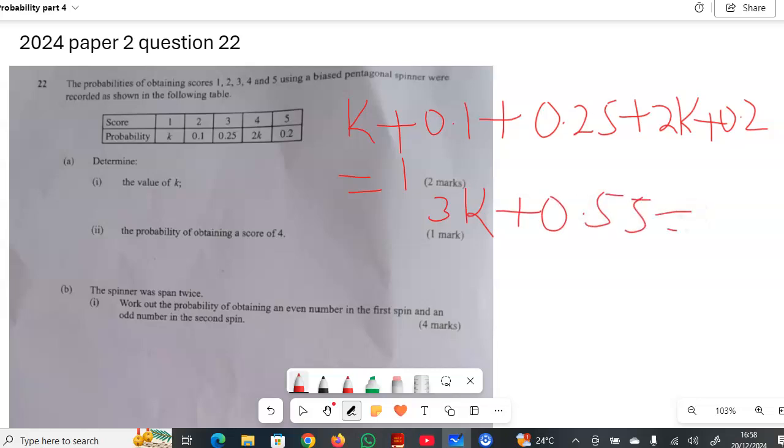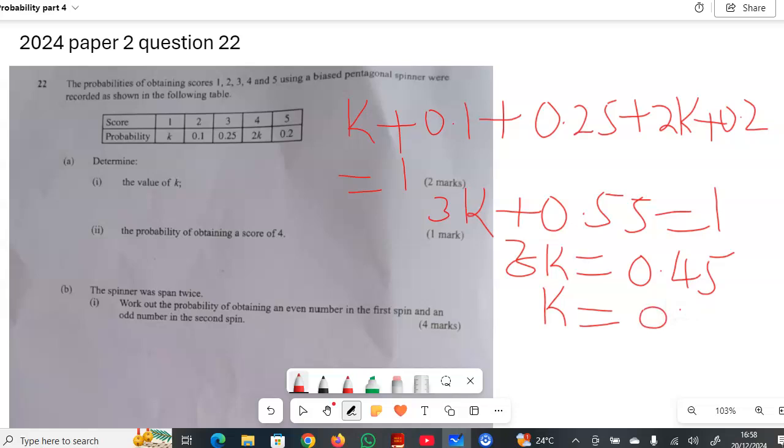Then this is the one that is giving us 1. So 3K on one side will be 1 minus 0.55, which is 0.45. So we divide by 3 on both sides. K will be equal to 0.15. So the K there should be 0.15.